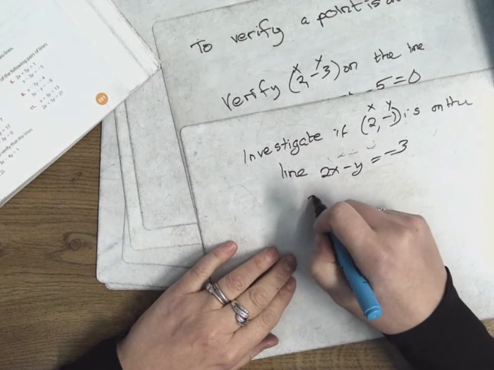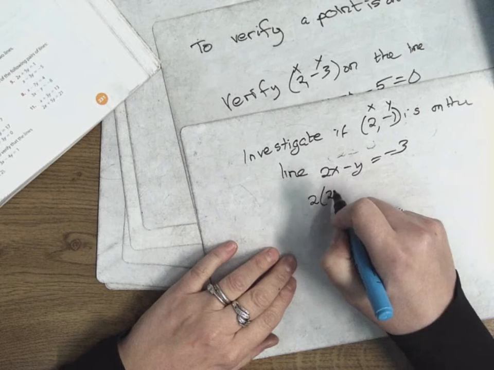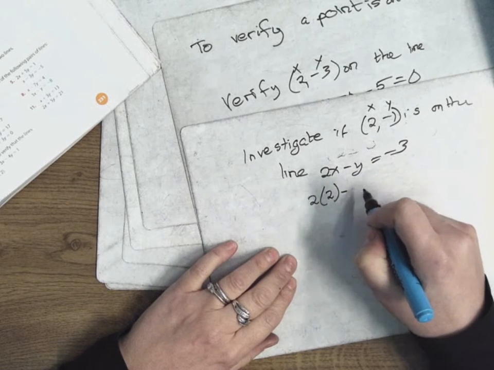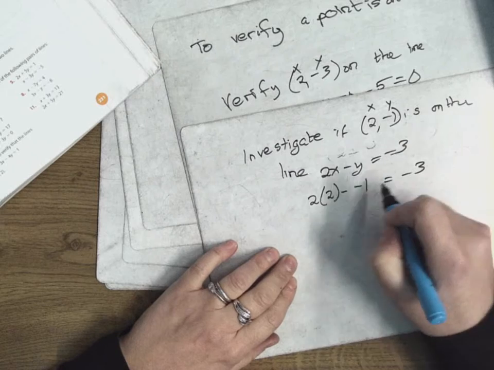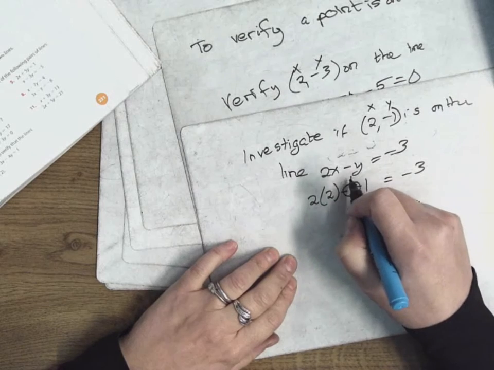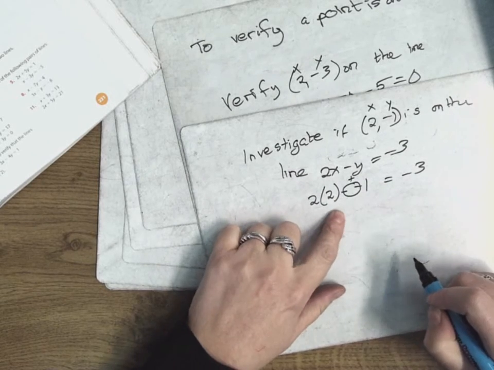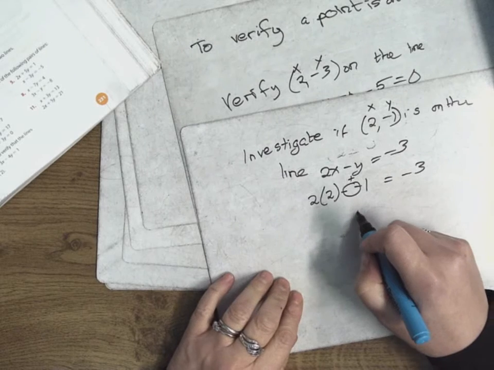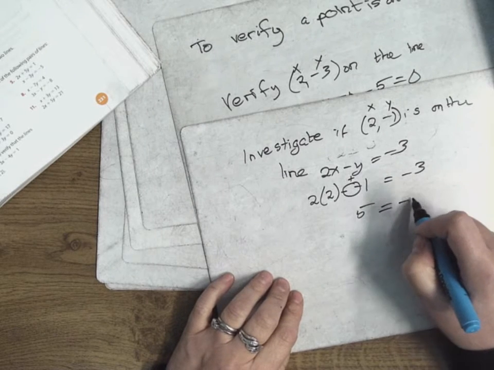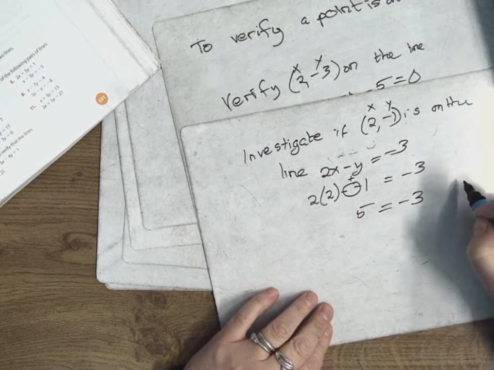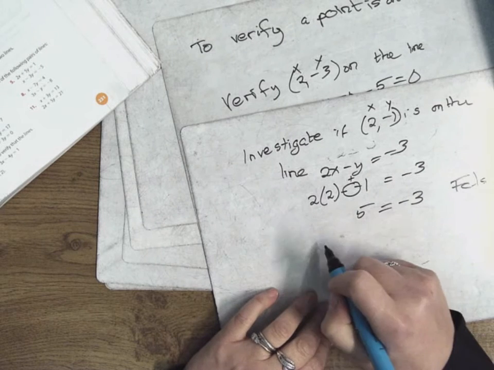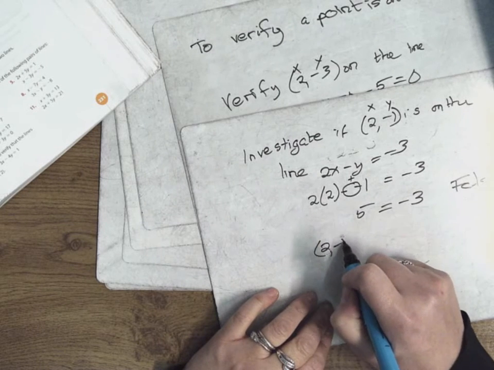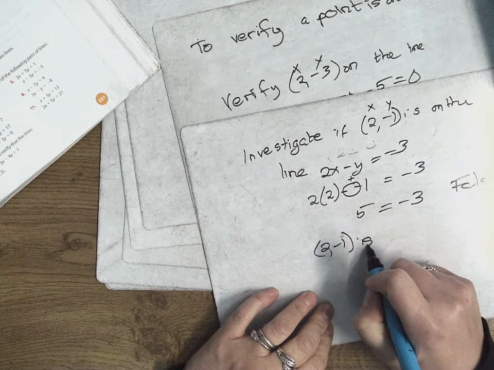So I have 2 times 2, then I have a minus sign, then I have y, which is minus 1. Does that equal minus 3? So 2 minuses give you a plus. Into the calculator with that, 2 2s are 4, plus 1 is 5. So 5 is equal to minus 3. That's a false statement. So is the point on the line? No. (2, minus 1) is not on the line. Make sure you answer the question.